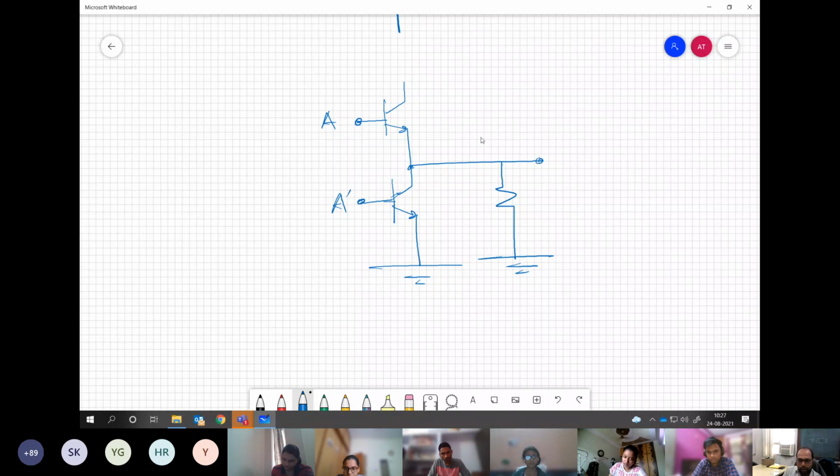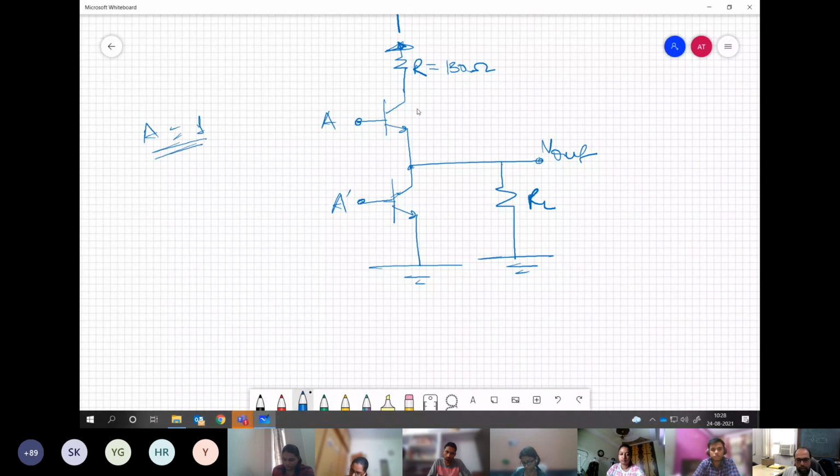Of course we cannot have a bare transistor connected, so we can connect a small resistance over here. Let's say some R equal to 130 ohm, which is the standard for TTL. This is the resistance that is connected, and this is the load V out over here. Now what will happen? When the input A is equal to 1, this transistor is on, whereas this is off.